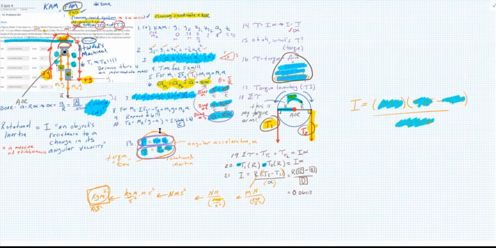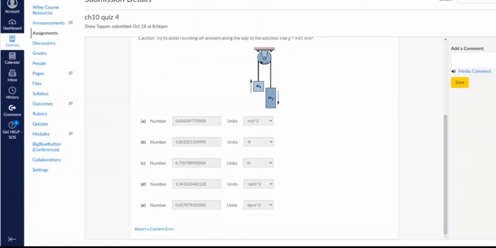So, I mean, you're definitely getting an answer within 2%, but here, let me just show you what I'm looking at right there. It's thinking this is your answer.